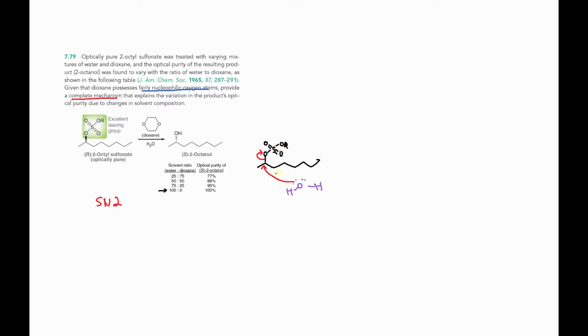This happens simultaneously due to the SN2 nature. And you have to remember, don't forget the stereochemistry. There's a wedge bond, and we're going to have a dash in SN2.